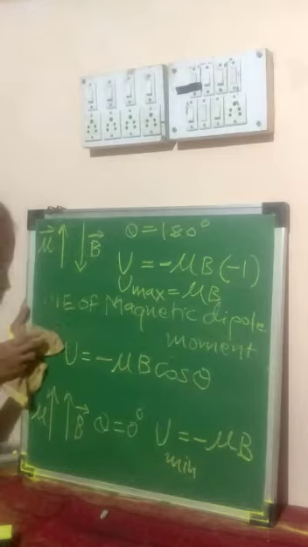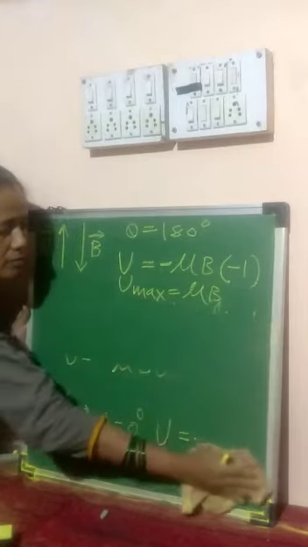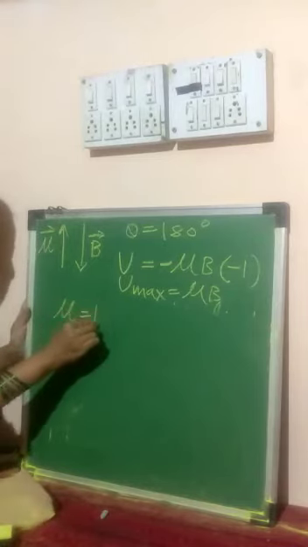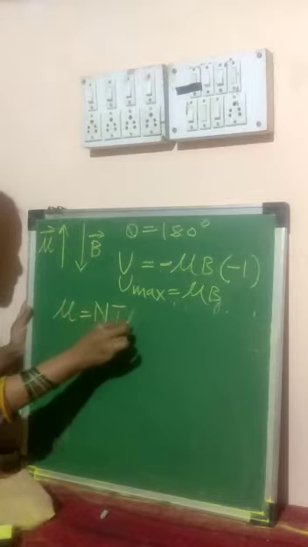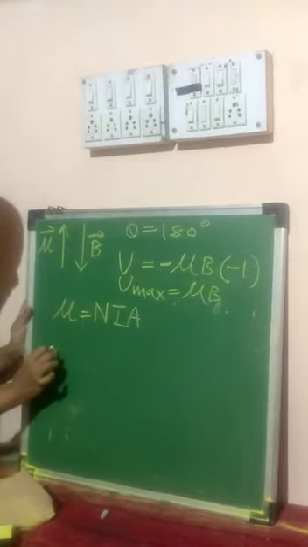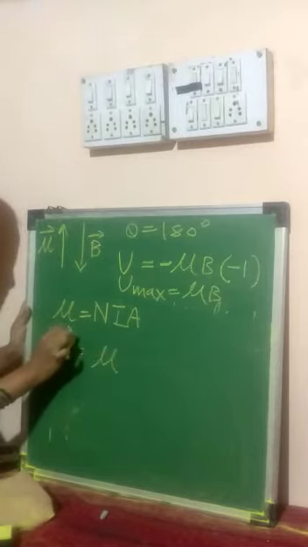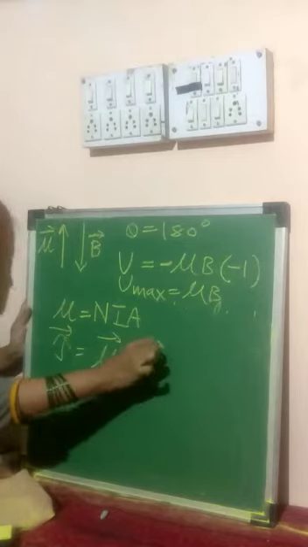So now we have seen some important concepts. One is mu, the magnetic dipole moment, which is equal to the product of the number of turns, current and area. Then we have seen the torque, a vector quantity, vector mu cross vector B, and its maximum and minimum values.